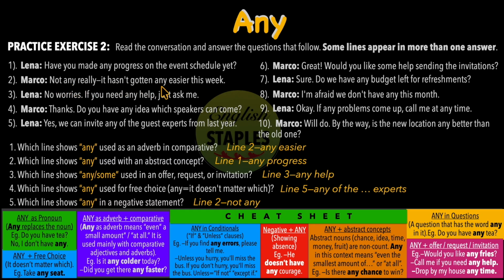Lena asks Marco, have you made any progress? Marco's response actually means, I have not made any, really. So the verb here is have not made plus any. That satisfies the negative plus any rule.